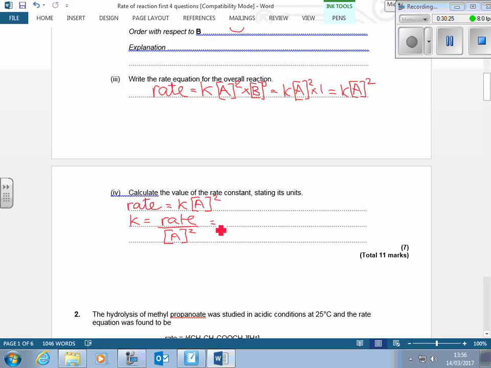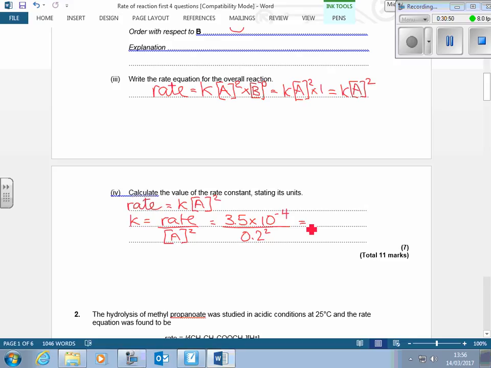Divide through by A squared. So if you take the numbers in the first row, our rate would be 3.5 times 10 to the minus 4, and I'm going to divide that by 0.2 squared. Is that what they've got in this one?